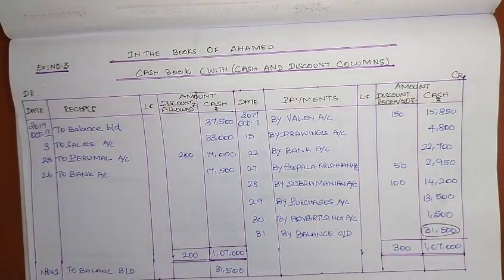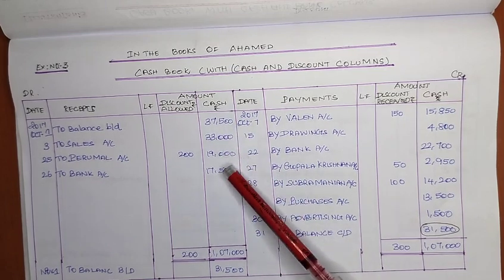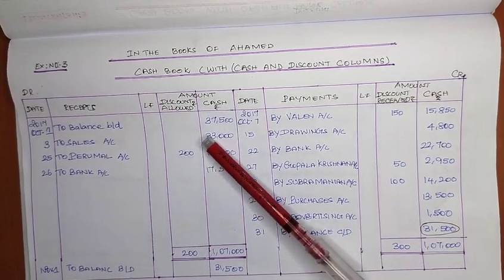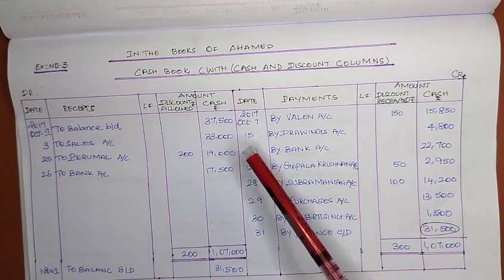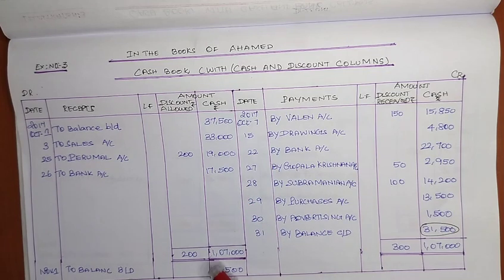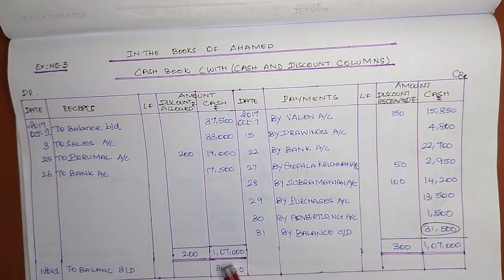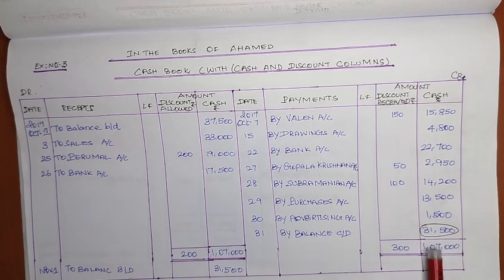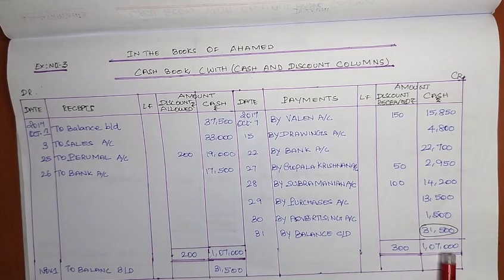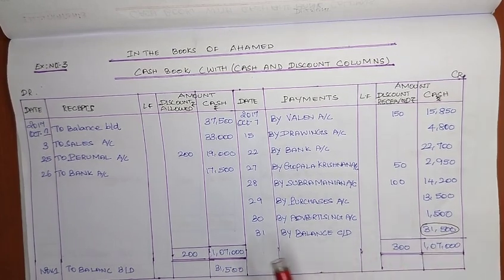What you do now? You first have to find which side has the higher value. Always in the cash book, the debit side has the higher value. How much rupees? 1,07,000 rupees. So that 1,07,000 rupees we enter into both sides, debit side and credit side, which means the receipt side and the payment side, as the total.